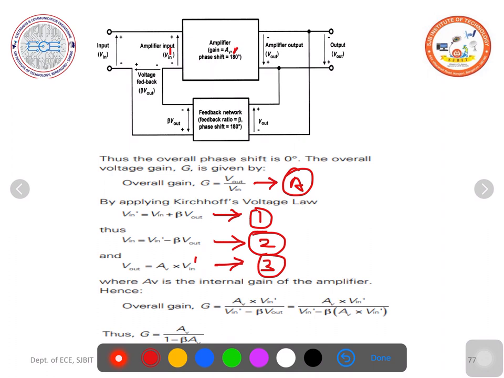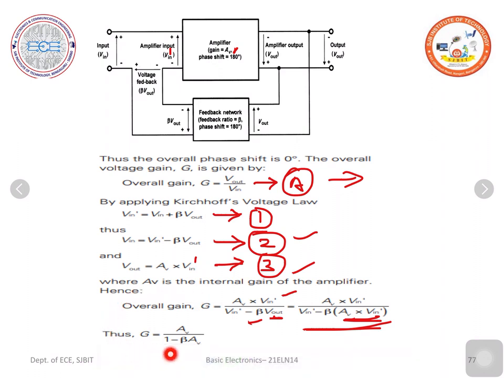So substitute equations 2 and 3 in equation A. So here, in place of V out we have written AV into V in dash. In place of V in we have written V in dash minus beta V out. Now for V out, again substitute equation 3. Then in this expression take V in dash common, it will get cancelled.